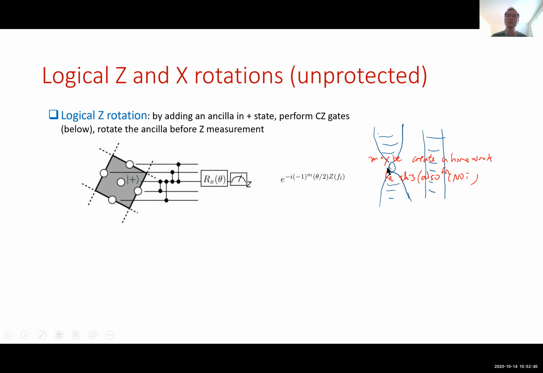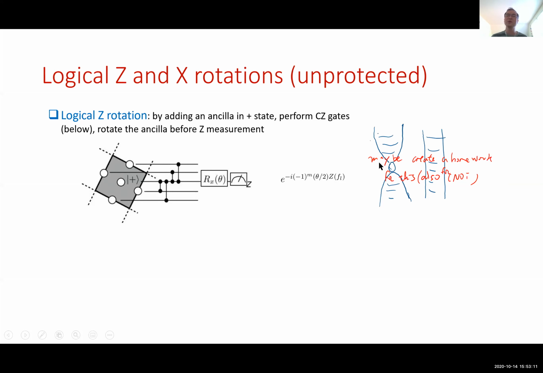I could prepare a plus qubit next to it, and I apply these control Z gates, I apply rotations, and I apply measurement. And once I obtain that, I would implement a Z rotation. Then I expand my defect in a larger region.